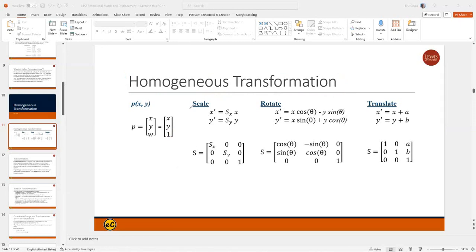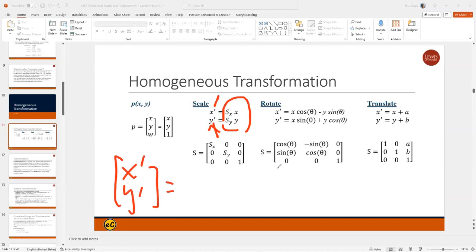Number one is that if you have scaling, your new Sx, Sy can be expressed by the scaling factor times the original Sx, Sy. So basically your Sx prime will be equal to the scaling factor Sx times x. This is a vector inner product.